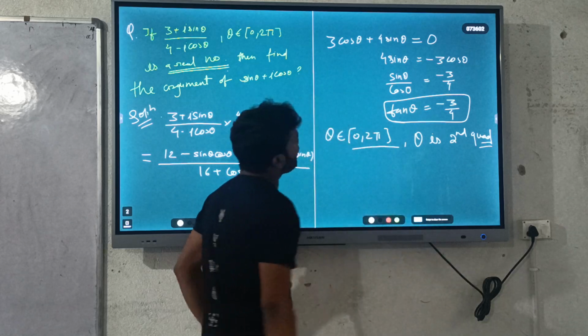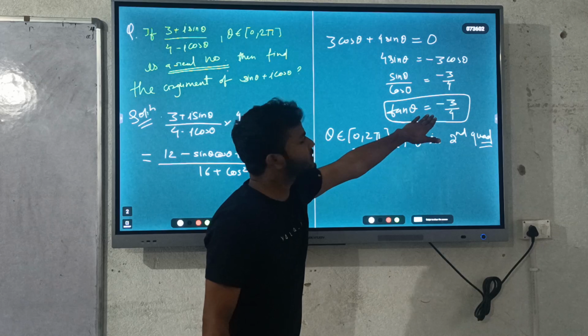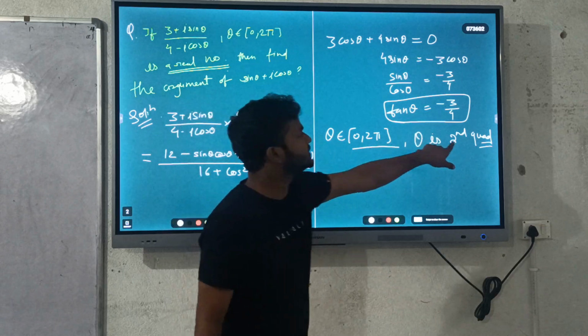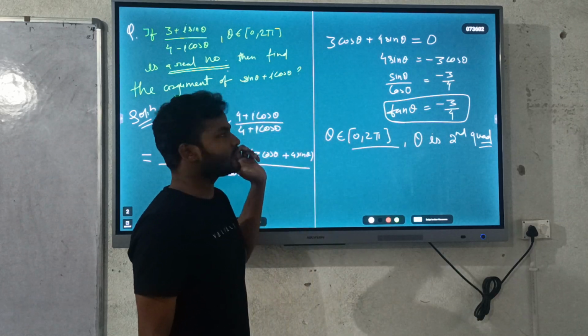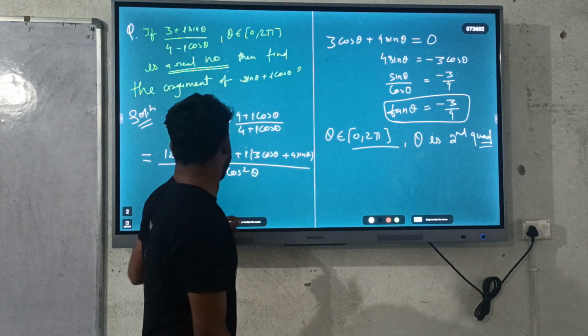Okay, so now we have two pieces of information, the value of sin theta by cos theta, and by using this value we know that theta lies in the second quadrant. As I described earlier how we can find the argument value in the second quadrant, let's find it.